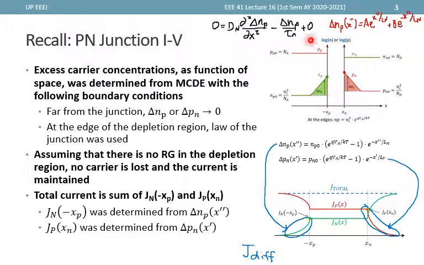So in terms of this plot right here, to get the current, what we are most concerned with is actually the slope of the carrier concentration at this point, which we use to get the diffusion current. So we'll use around the same approach for our BJTs.